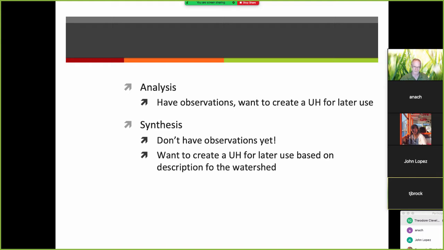One of the main points of doing hydrology and rainfall runoff analysis and synthesis is to predict things on ungauged watersheds. And so those predictions are based on correlations between gauged watersheds and their various watershed properties.